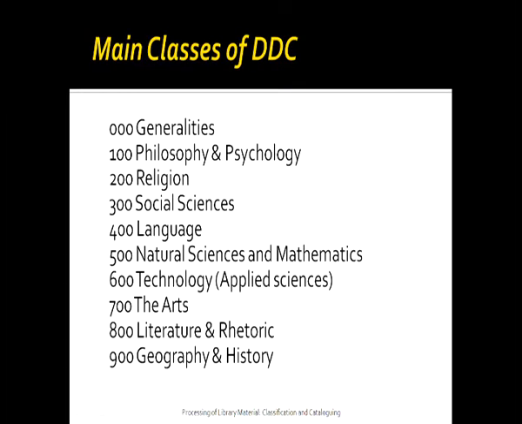These are 000 generalities, 100 philosophy and psychology, 200 religion, 300 social sciences, 400 language, 500 natural science and mathematics, 600 technology, that is applied sciences, 700 the arts, 800 literature and rhetorics, and 900 that is geography and history.